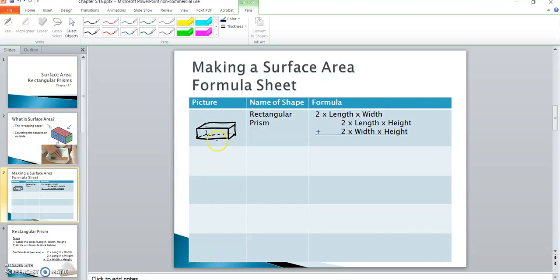Like so. So you can see that it's like a box. Okay? So go ahead and pause the video and make your surface area formula sheet. And I want you to complete the very first one, rectangular prism. And then through this chapter, we're going to be adding more formulas to this formula sheet.